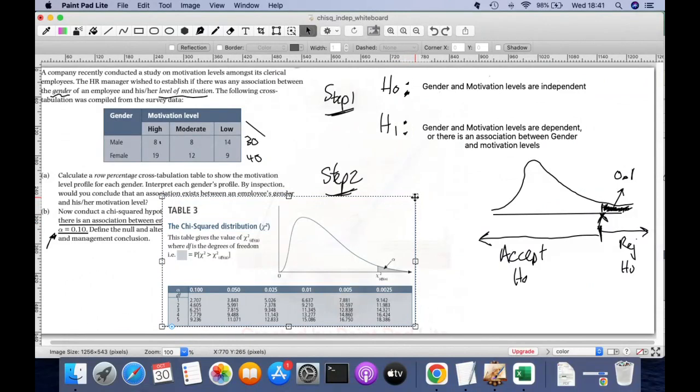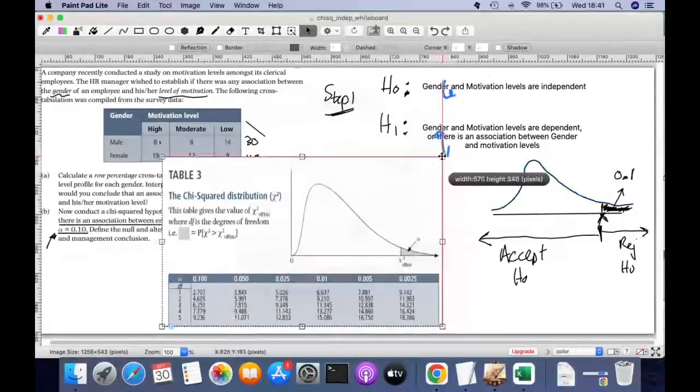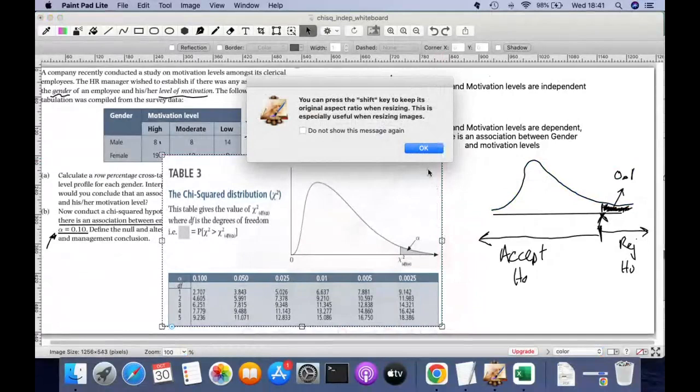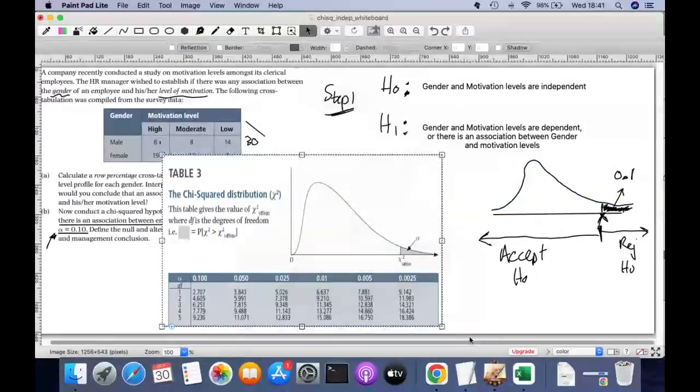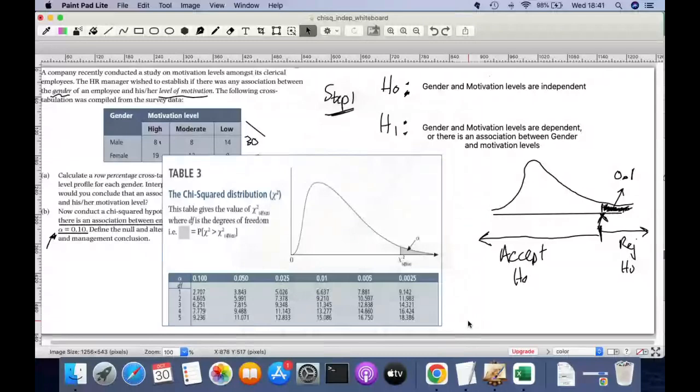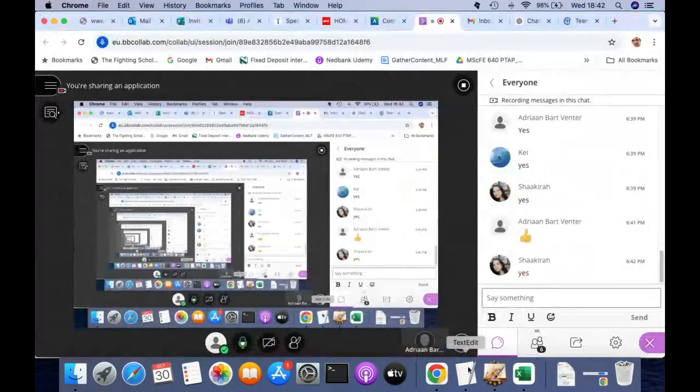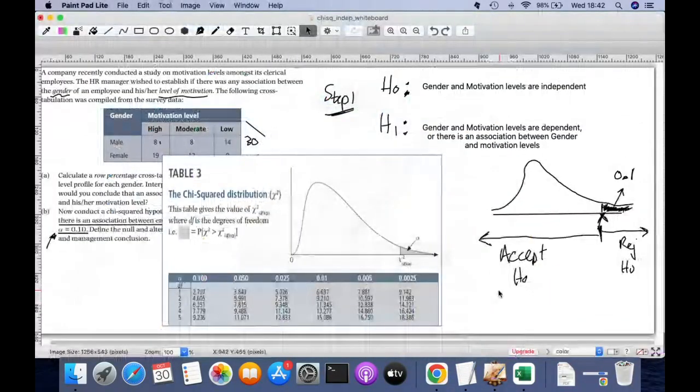Let me make it a bit larger. If you can't see it too clearly, you can always look at the back of your textbook. Just let me know if you can see this table and this graph that I've presented here. So I'll continue. Fantastic. All right, let's go back to it.